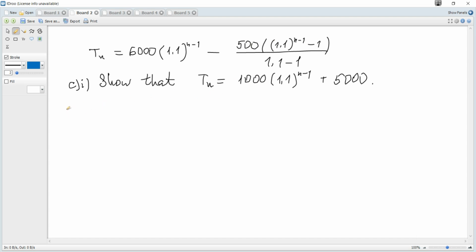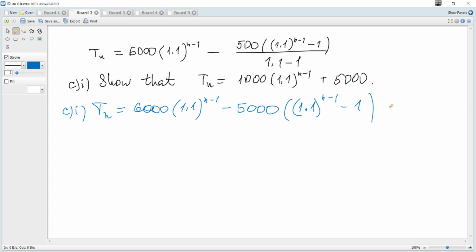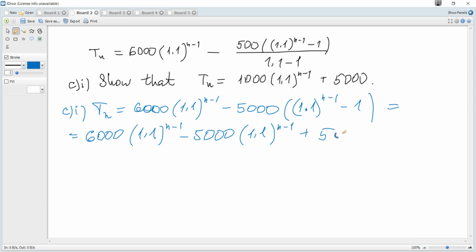So Tn, we can rewrite it as this times 1.1 to n minus 1 minus 5,000 multiplied by 1.1 to n minus 1, and expand to get, and plus here, and you can see that it's as required.